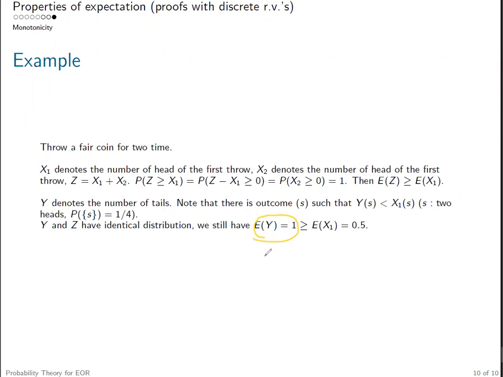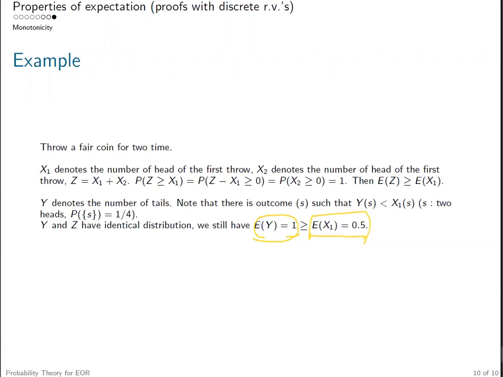And if you throw 2 times, the expected value of the number of tails is exactly equal to the expected value of the number of heads, which is also equal to 1. It's apparently larger or equal to the expected value of x1, right?